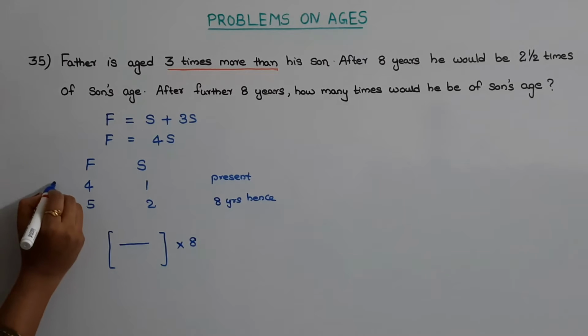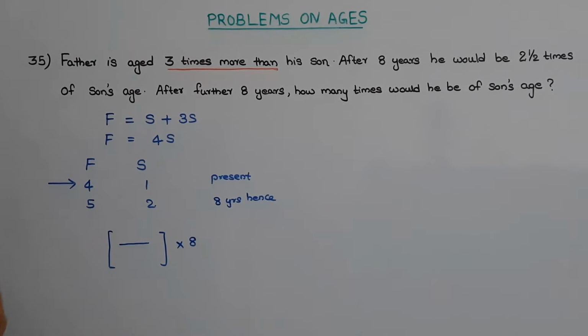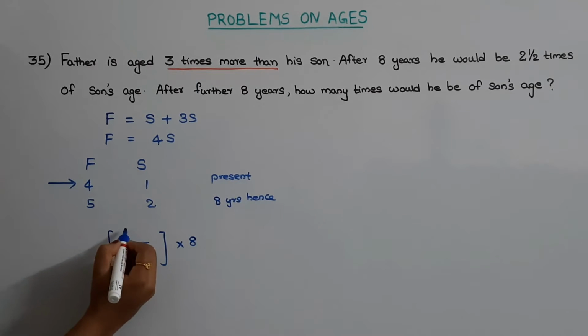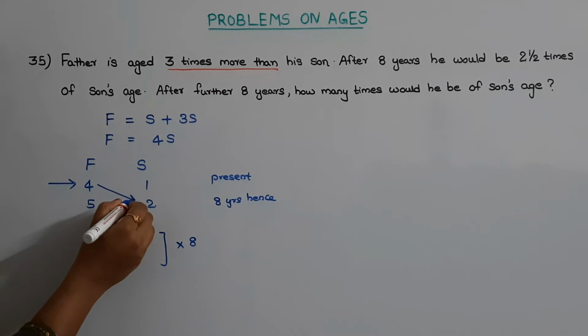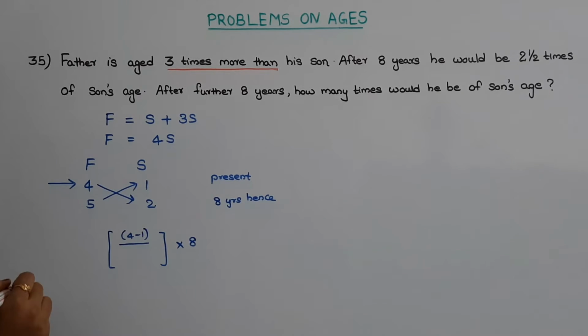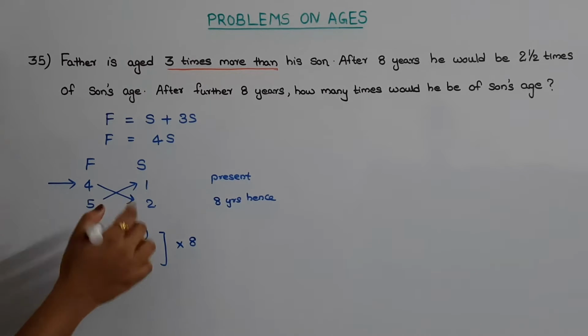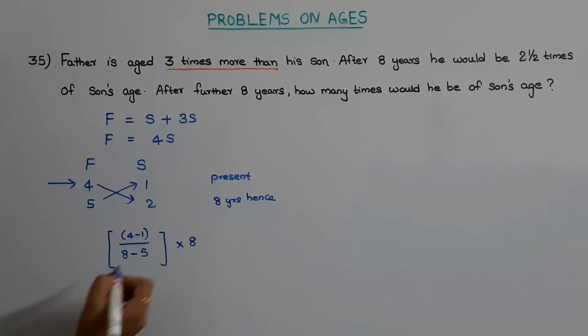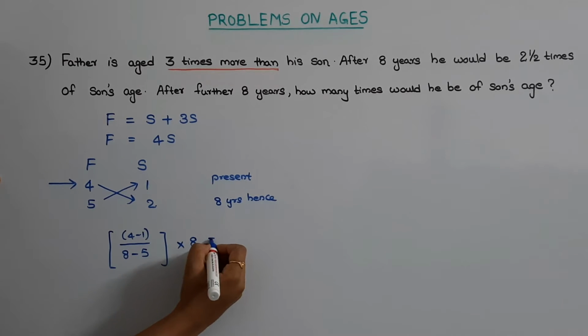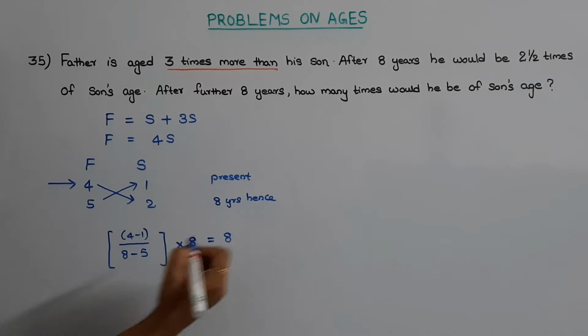Here I am taking the difference of this ratio, so in the numerator I take the difference of 4 and 1. In the denominator, we need to take the difference of their ratios after cross multiplying, that is 4 into 2 is 8 minus 5 into 1, that is 5. On solving this, we will get the value as 8.